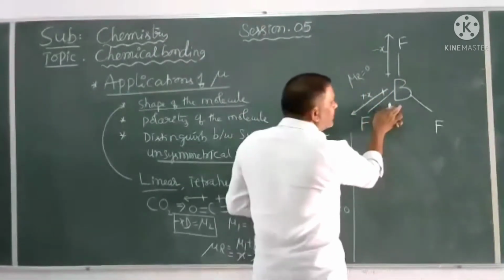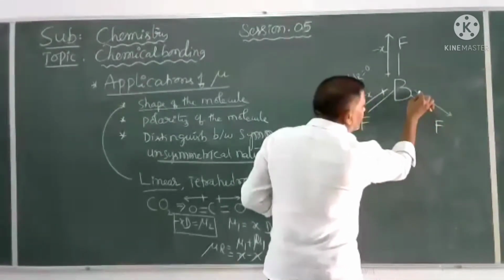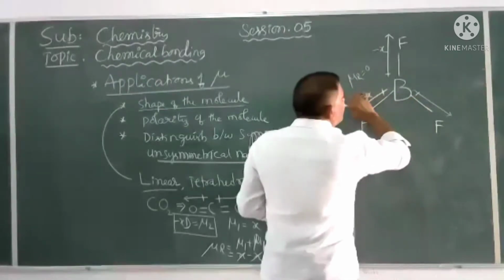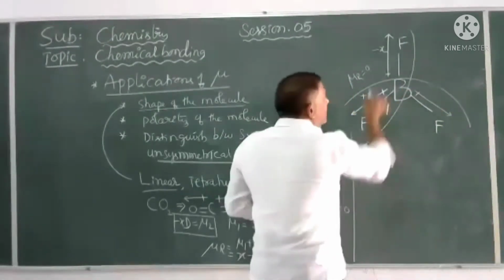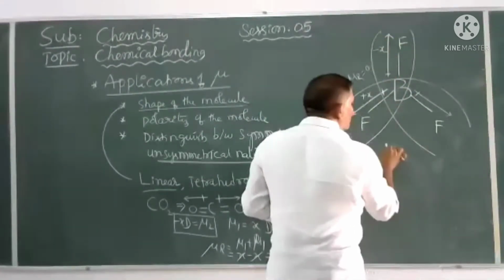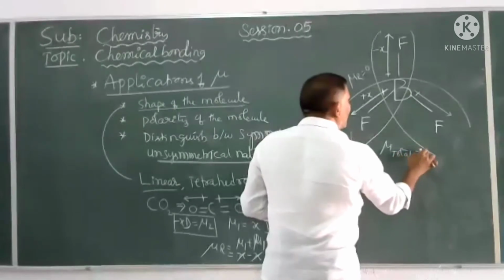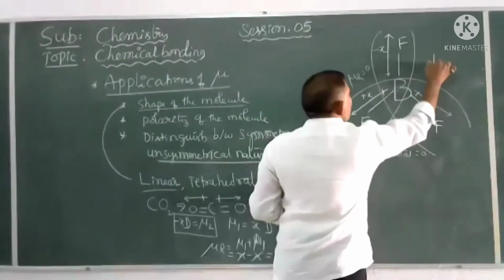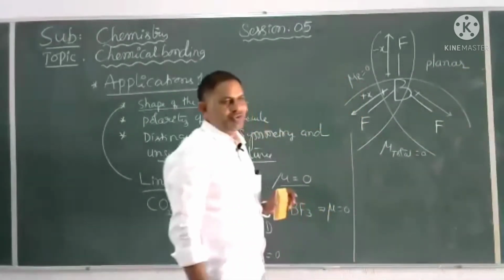Similarly, if you take the third one, there is a moment. Comparing these two, resultant is 0, comparing these two, resultant is 0, comparing these two, resultant is 0. Total resultant dipole moment is equal to 0, but its geometry is planar, that is trigonal planar geometry.